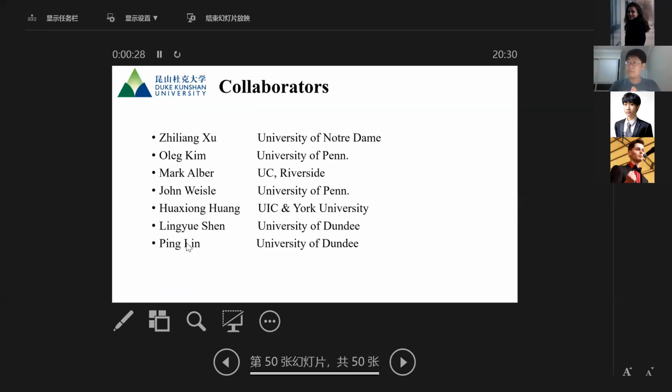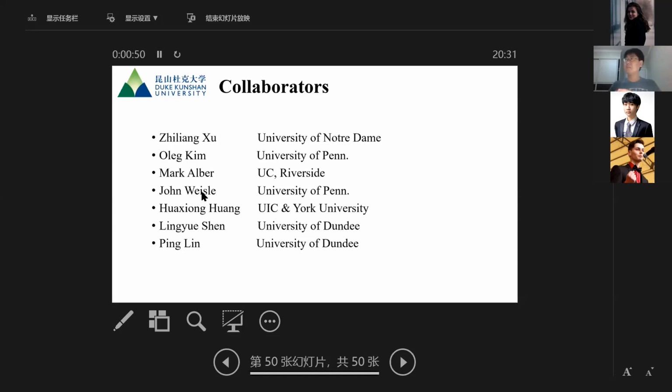This is the interface. Now for the biology collaborators, we have Oleg Kim and John Weisel, and of course John Weisel's whole lab in the UK. They do a lot of experiments to give us the biology input and a lot of data so that we can calibrate our model. This is the biology part.